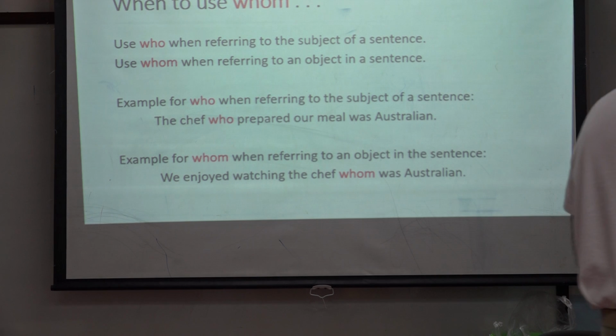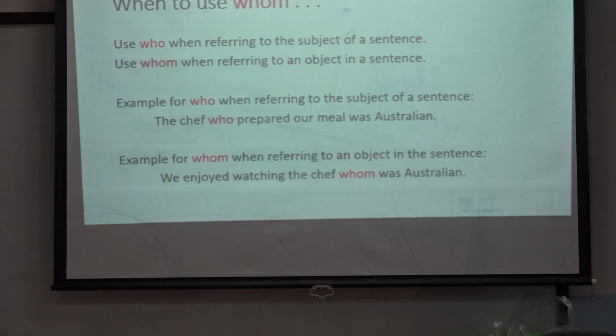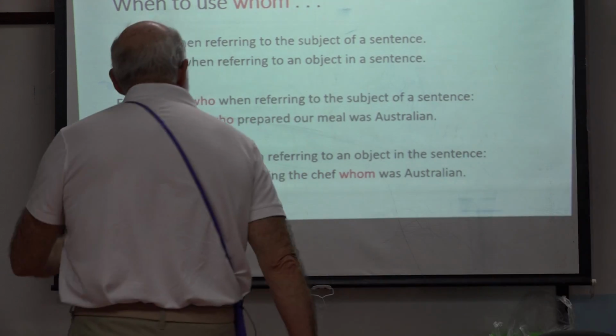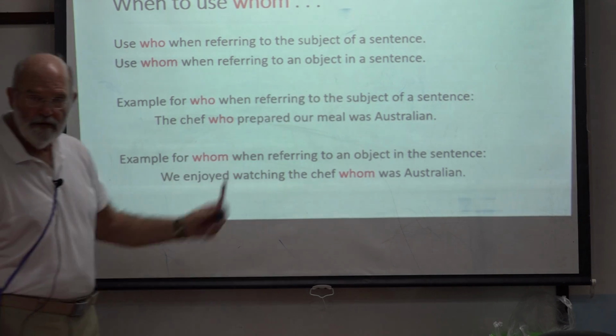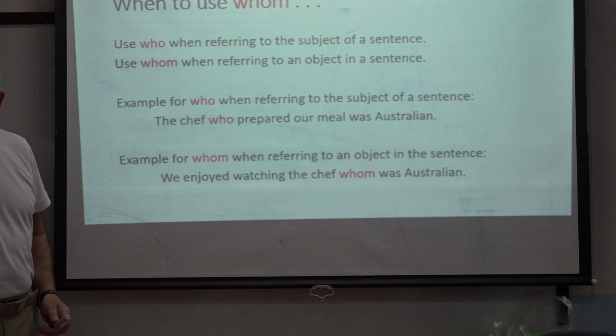So if I give the marker to Ma, then I am the subject, the marker is the object, and Ma is the object, because they're receiving the action. I'm doing the action. So when we're referring to an object in a sentence who receives the action, we use whom.